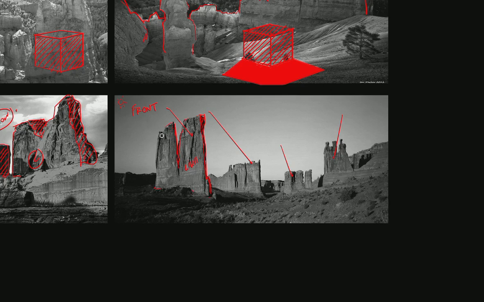So the quickest way to identify whether something's being front lit or not is to pay attention to where the shadows are potentially laid in. So if the shadows are very shallow and behind the object, then you're most likely in a front lit scenario. And also the cast shadows are going to be behind the object. So if you see any cast shadows that are behind, that's also a front lit scenario.